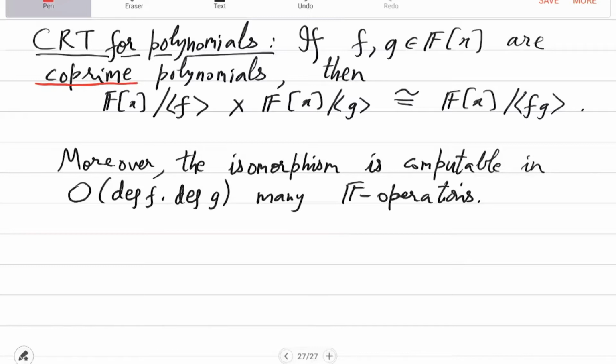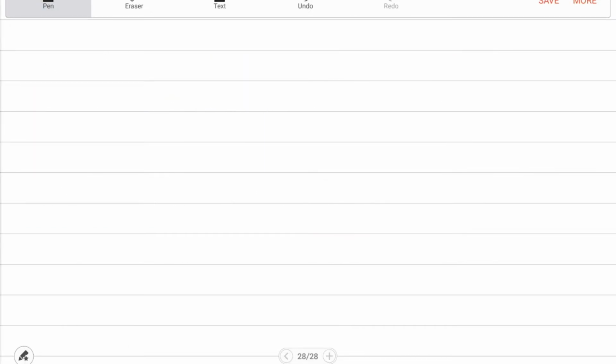Any questions? So now whenever we invoke the Chinese remaindering theorem, we'll just invoke one of these two, and the time complexity will be implicit. We have shown that these things are efficient. So the first major algorithm that we will see in this course is how to multiply polynomials. So fast polynomial multiplication.